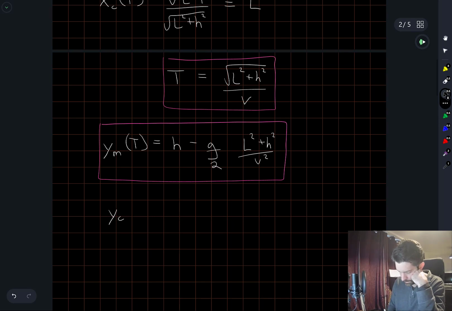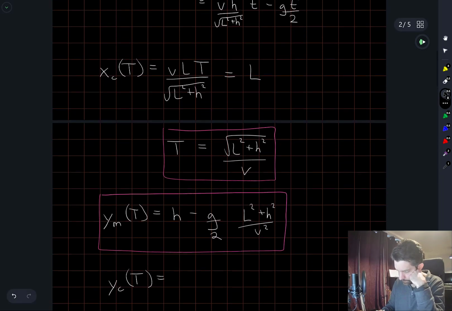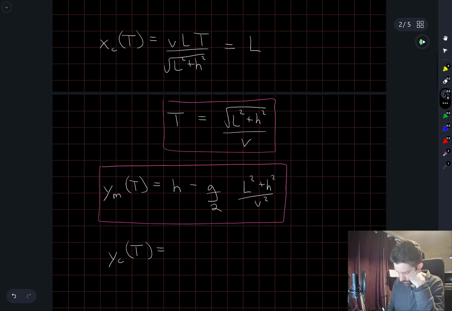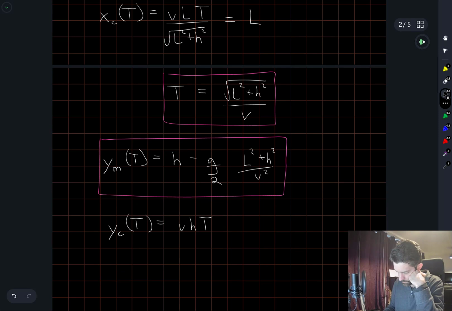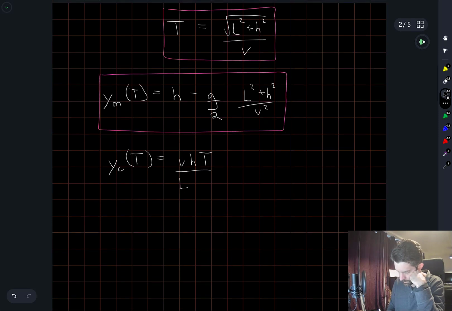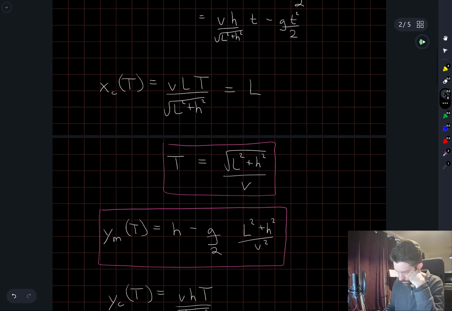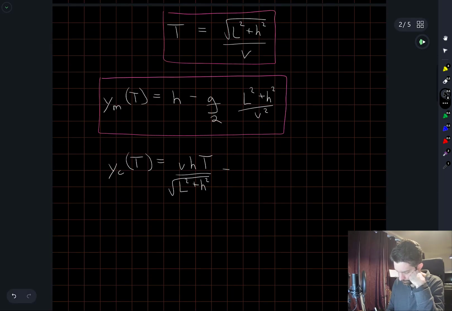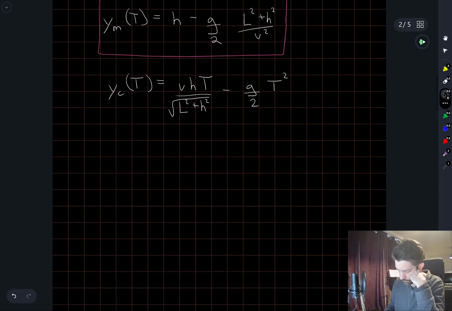And the vertical position of the cannonball at time capital T is V H capital T divided by the square root of L squared plus H squared, minus G over 2 capital T squared, and now we can substitute what capital T is.